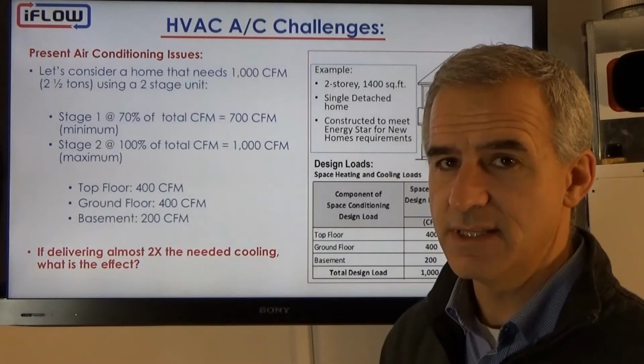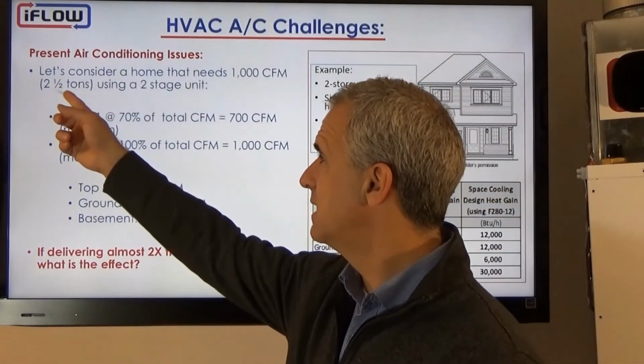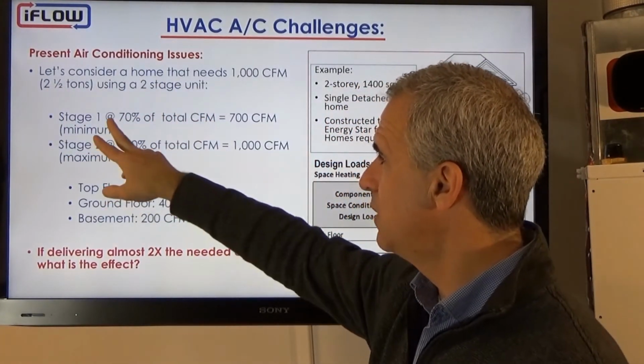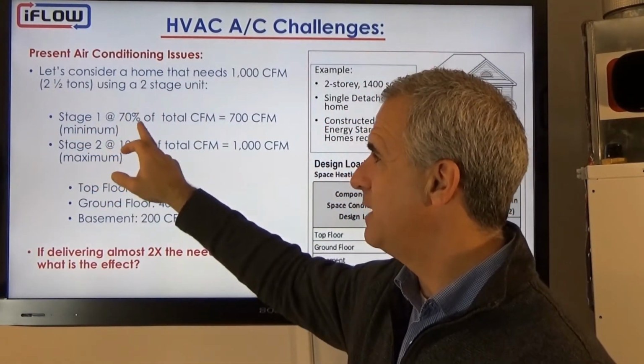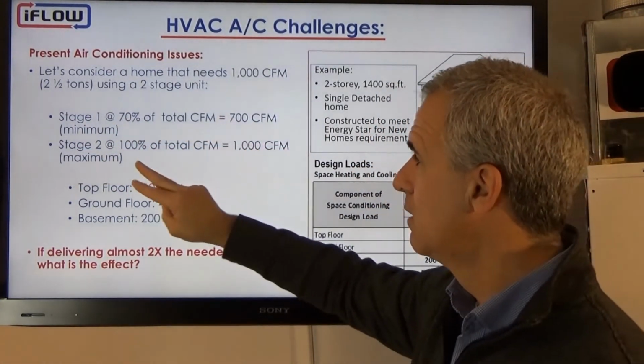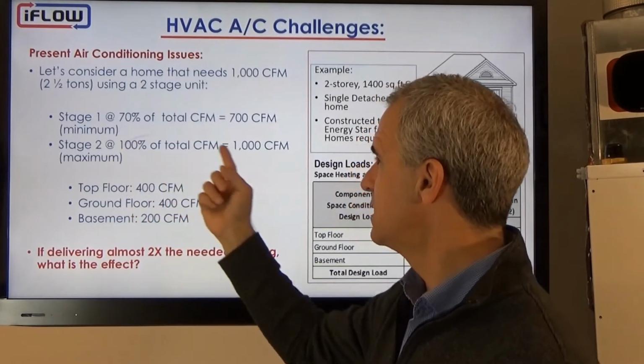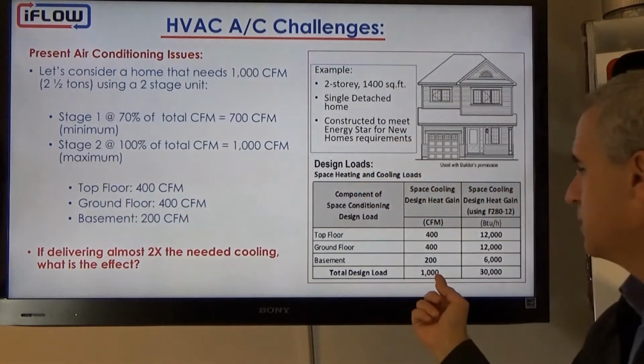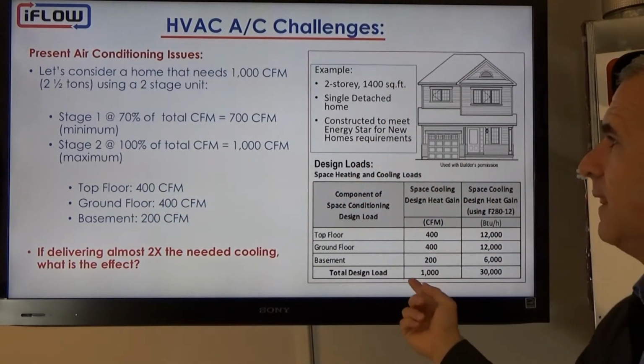So typically if I set my 2.5 tons with a 2-stage unit, stage 1 would be at 70%, which is at 700 CFM. Stage 2 would be at 100%, or 1000 CFM, because that's my total CFM required.